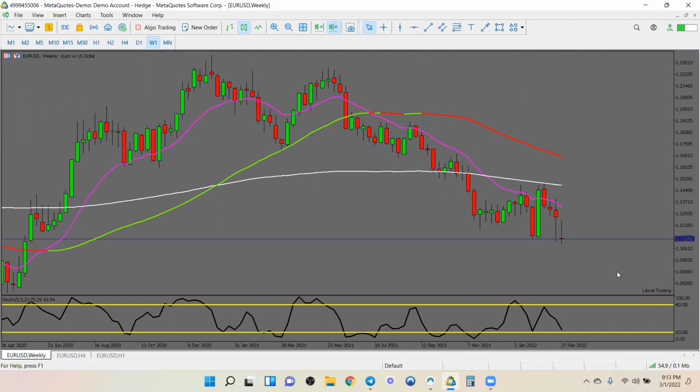So the moving average shows the trend. The stochastic oscillator is going to give us the cycle, and we need the cycle in order to count the waves properly.